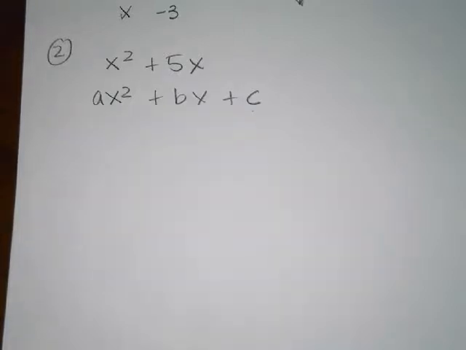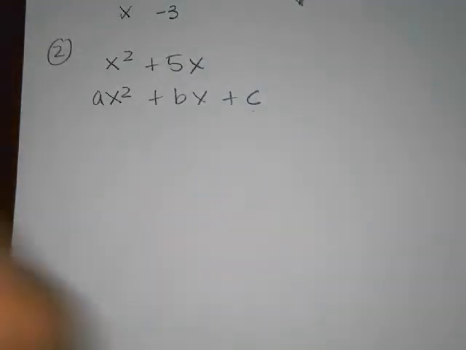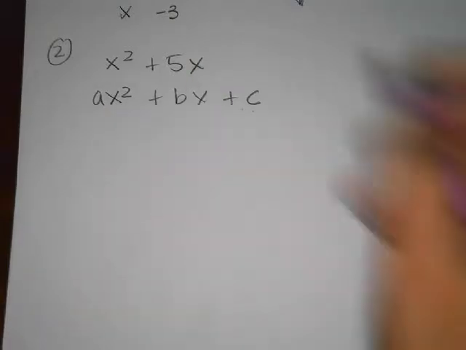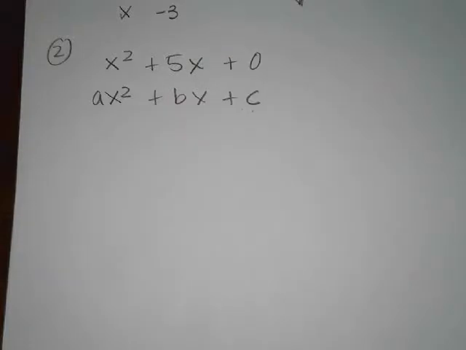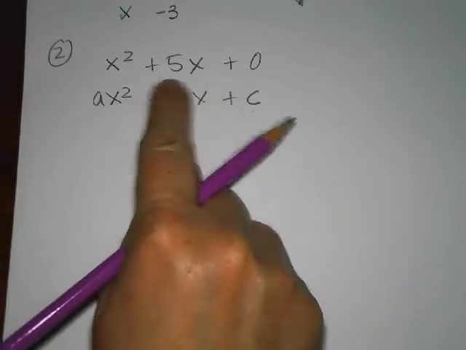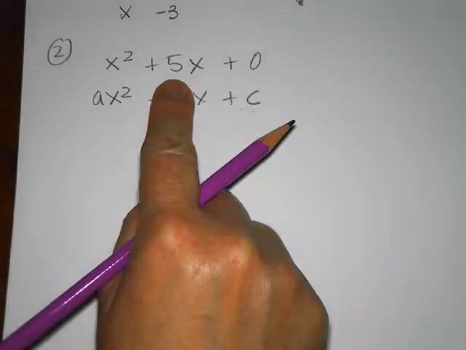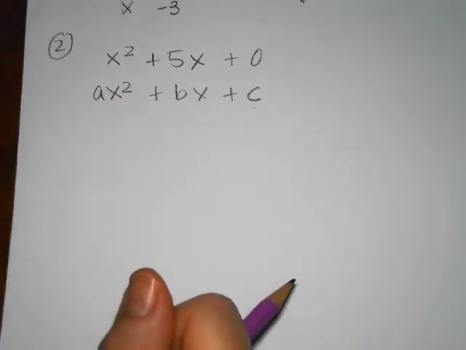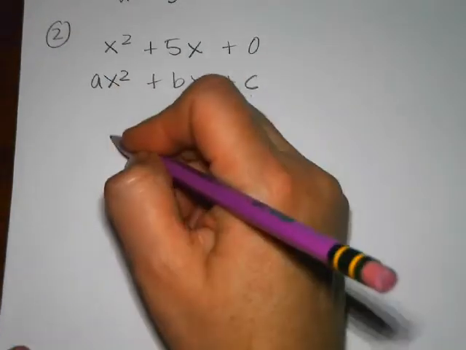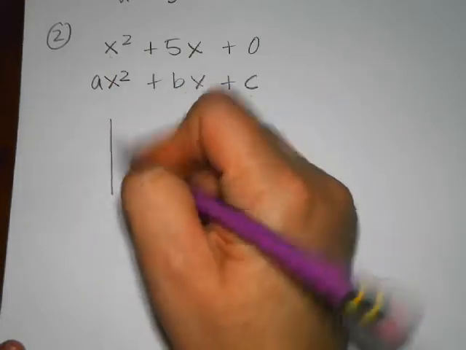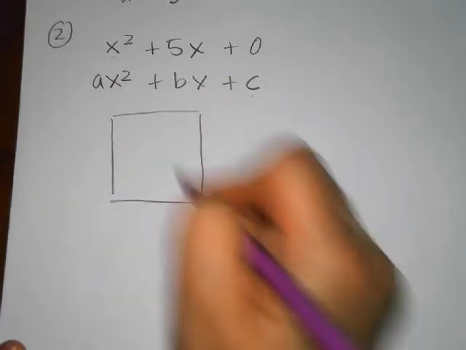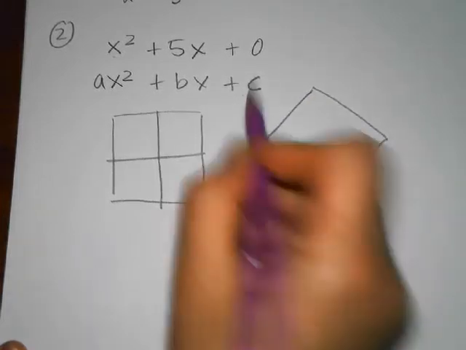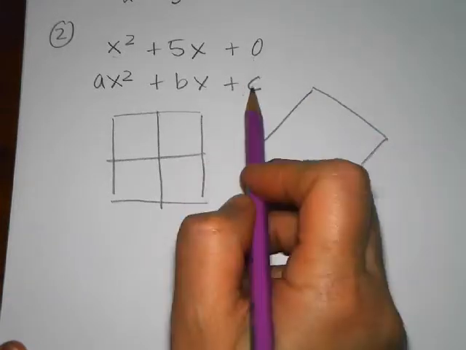It was a Friday, and we talked about if you're missing a term, you can always just put 0 as a placeholder. So I'm going to put plus 0 because that's not changing the value of this expression if I add 0 to it. And it looks like a quadratic in standard form. No common factors, nothing special going on there, just area diamond with a 0 in the place of the constant.